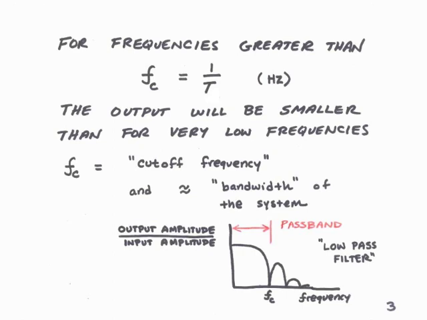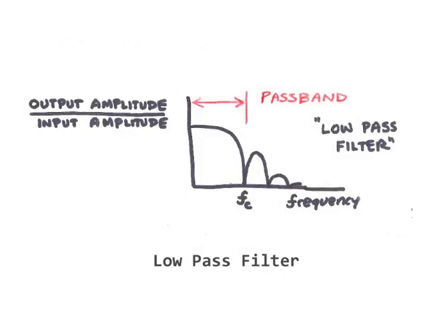We'll now look at a special form of plot to indicate this behavior. It shows the ratio of the output amplitude to the input amplitude as a function of the frequency. If the output is of the same size as the input, then this ratio will be 1.